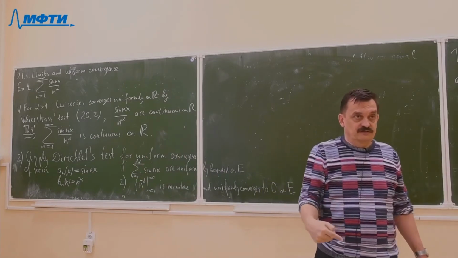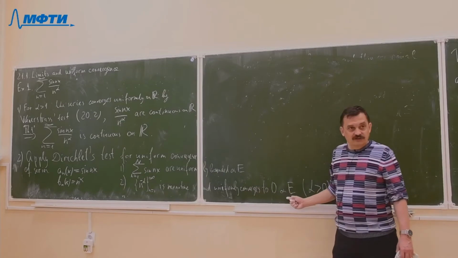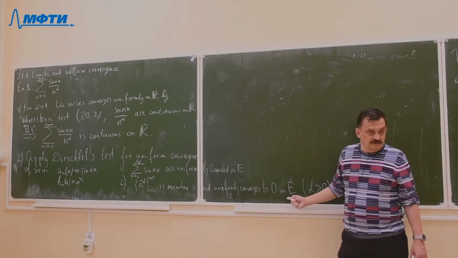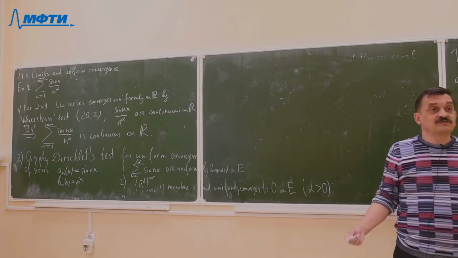And uniformly on E, why? Because it doesn't depend on x, right? What does uniformly mean?